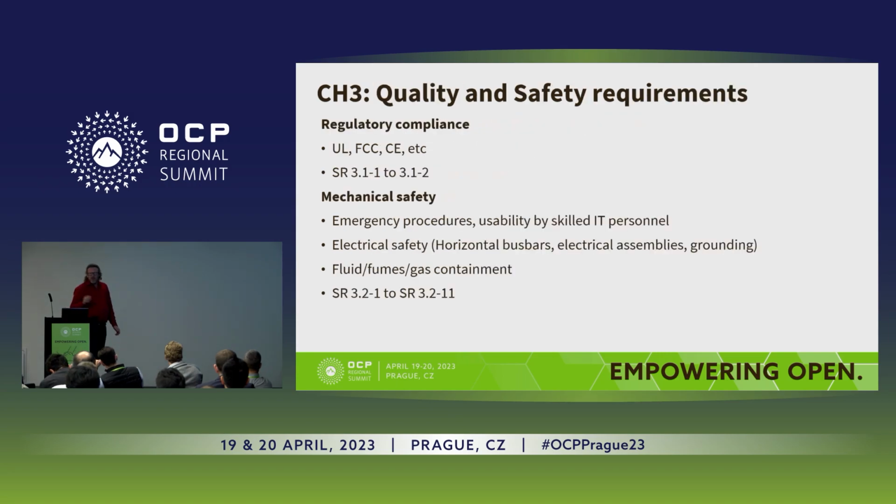Chapter 3 is where we're starting to get into more specific content. This is about quality and safety requirements, where we require any kind of technology to be compliant with existing regulations in, for example, related to regions, right?